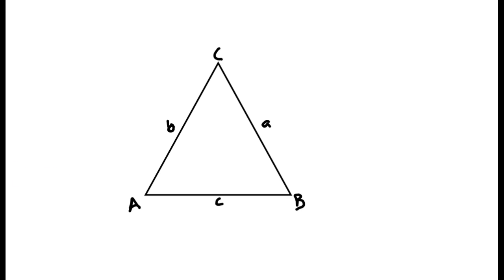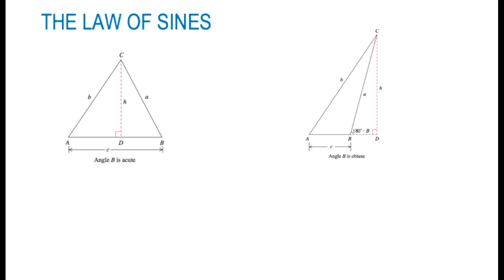All right, so let's first derive the law of sines. Okay, so let's take some triangle ABC, where the opposite sides are lowercase a, b, and c, and let's draw some altitude in. Okay, and altitude is just another name for a height, where I just draw a line straight down from C to create a right angle with the opposite side.